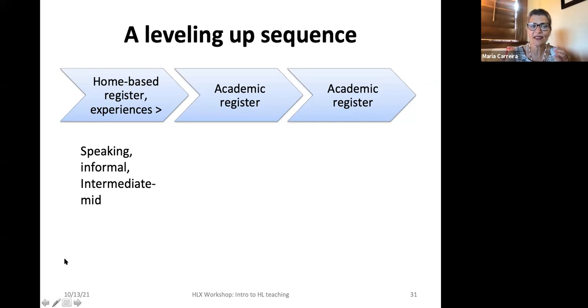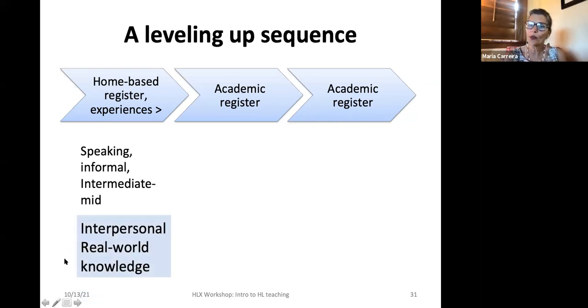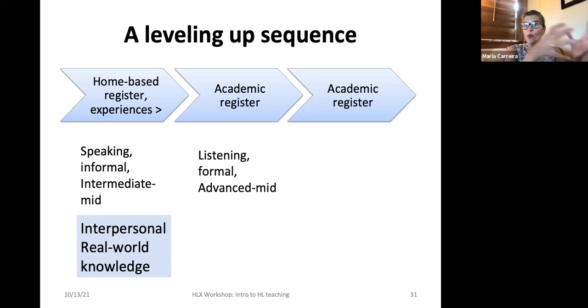The point is that you're going to start with real world knowledge and interpersonal communication at a level that they're comfortable with. And you're going to use that to start moving, following the from-to principles, to the academic register. And maybe a good starting point is listening at the advanced mid. Notice now I've kicked it up using the ACTFL proficiency guidelines.